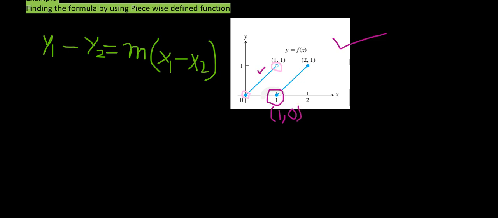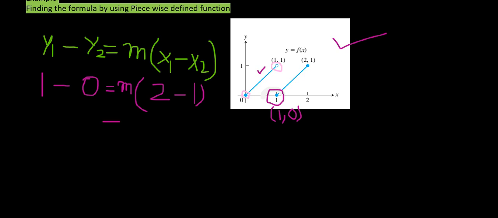So I am using y1 as 1 and y2 will be 0. This is the m, that is the slope, and again our x1 will be 2 and x2 will be 1.